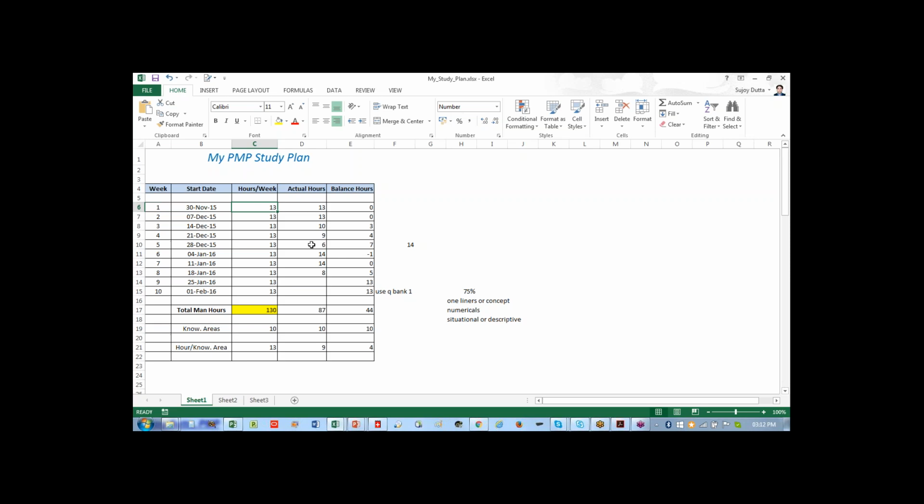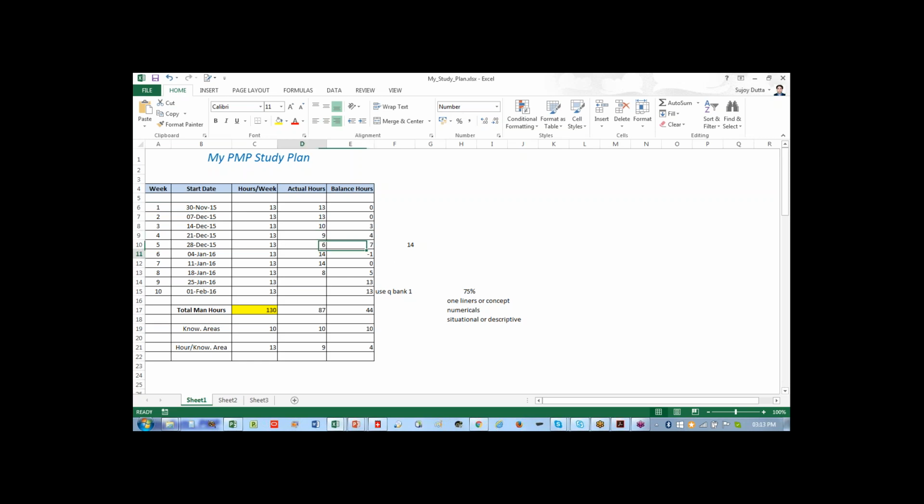Now, how do you track this? You take up one knowledge area and start your studies, and you note your actual hours here. If you have spent around 13 hours, the balance is zero. Similarly, if you spend 13 hours, the balance is zero. And suppose your actual hours lag behind by a certain number of hours, you just note it here: 3, then 4, then 7.